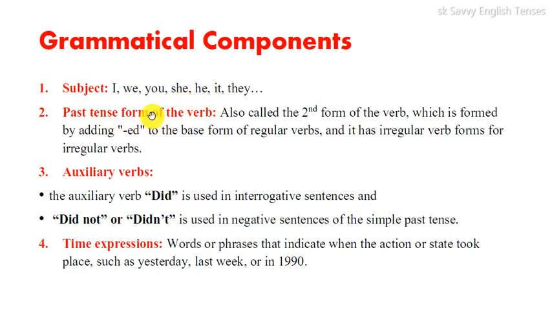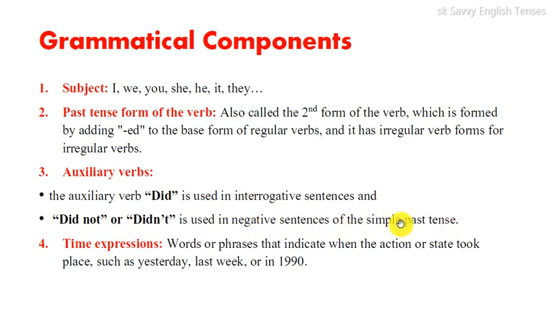The past tense form of the verb is also called the second form of the verb, which is formed by adding ed to the base form of the regular verb, and it has irregular verb forms for irregular verbs. Okay, the auxiliary verbs. The auxiliary verb did is used in the interrogative sentences, and did not or didn't is used in the negative sentences of the simple past tense.